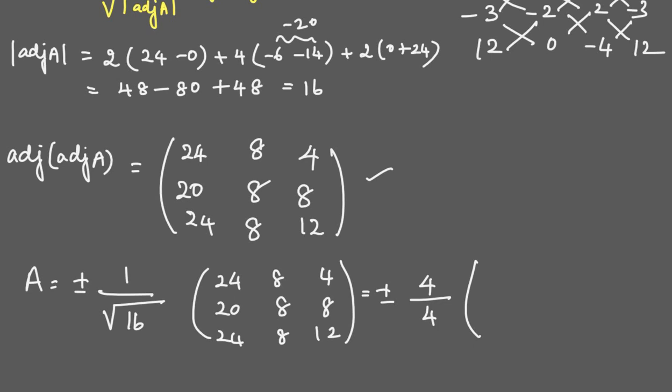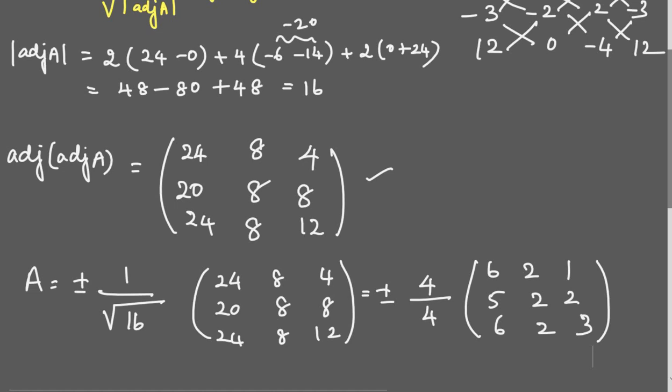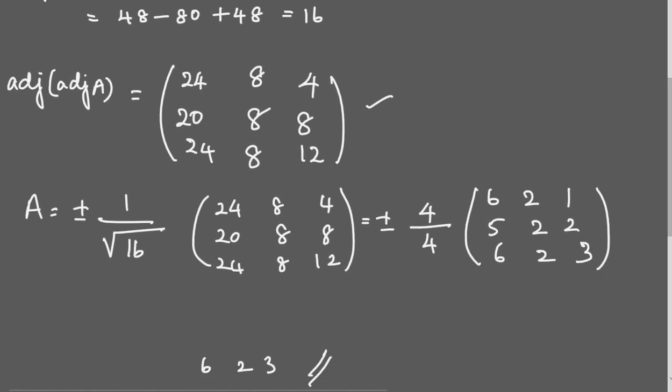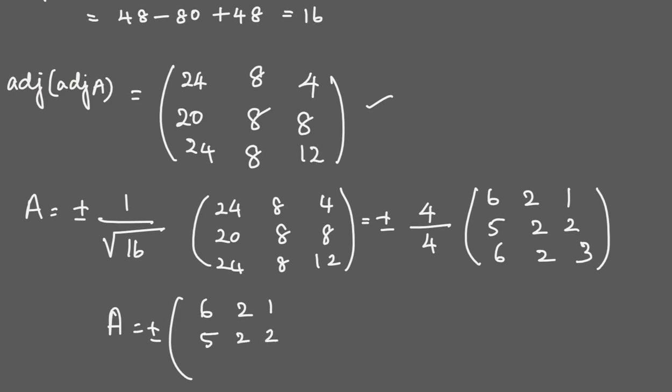So we get 6, 2, 1, 5, 2, 2, 6, 2, 3. Now the value of A matrix will be equal to plus or minus 6, 2, 1, 5, 2, 2, 6, 2, 3.